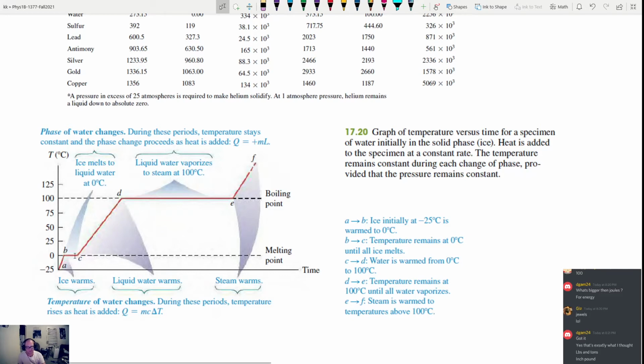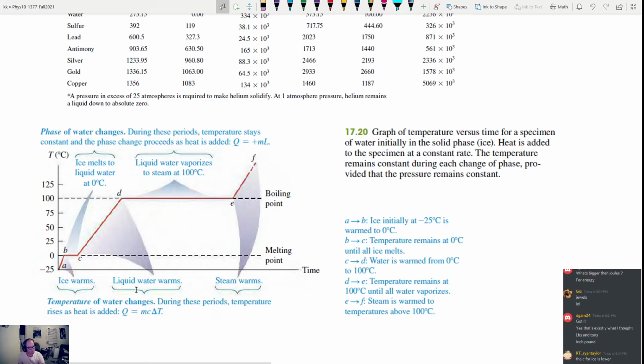Also, you'll notice that the slope here is different from the slope here and the slope here. The slope for the ice is quite a bit steeper than the slope for the water. Why would that be? Why would the slope for the ice be different than the slope for the water? Does ice heat up more quickly than water does? Is that what it's telling us?